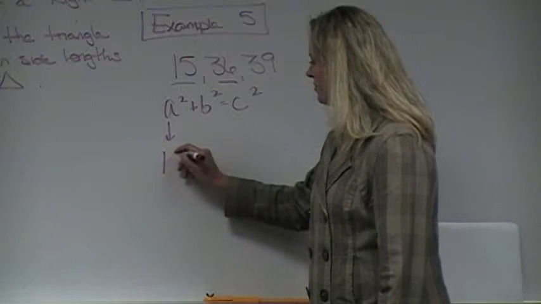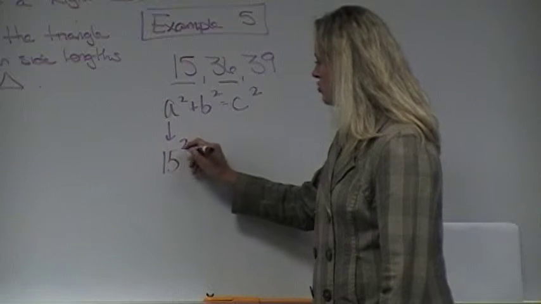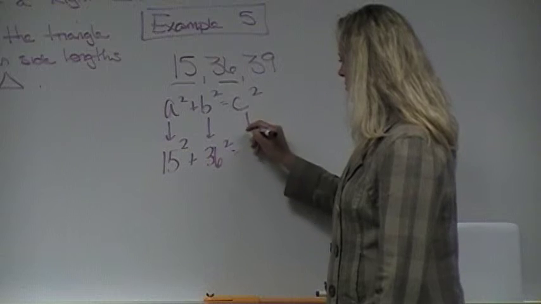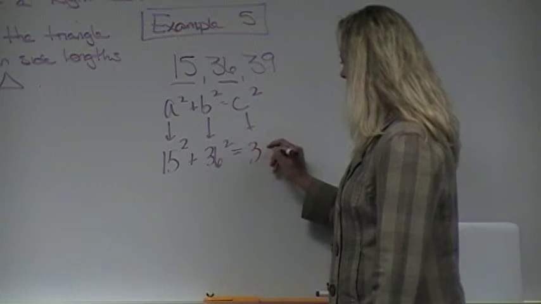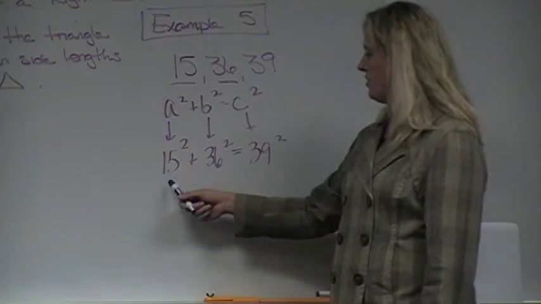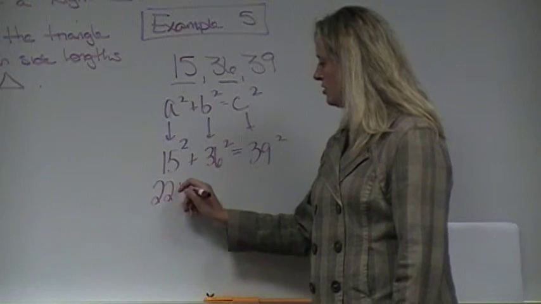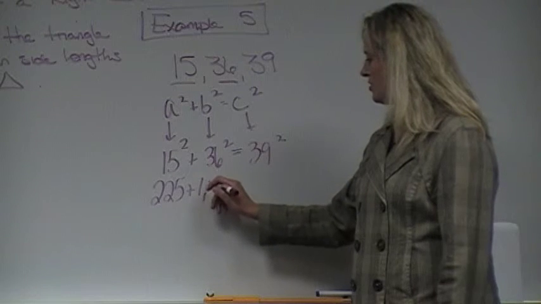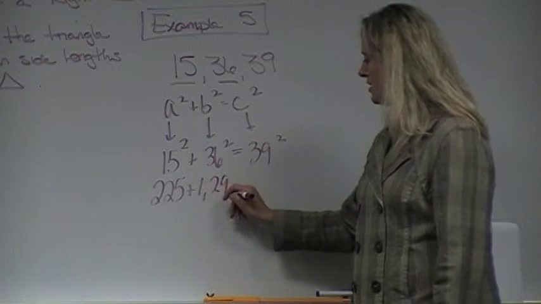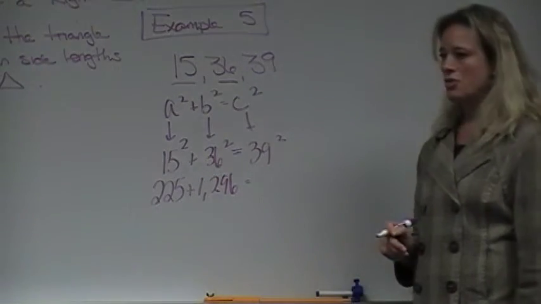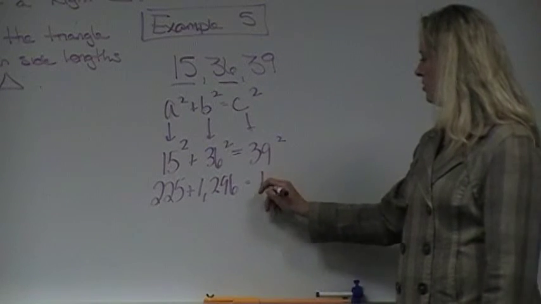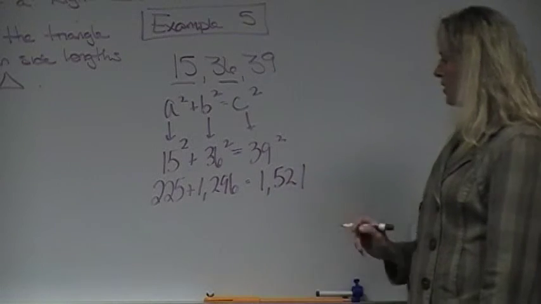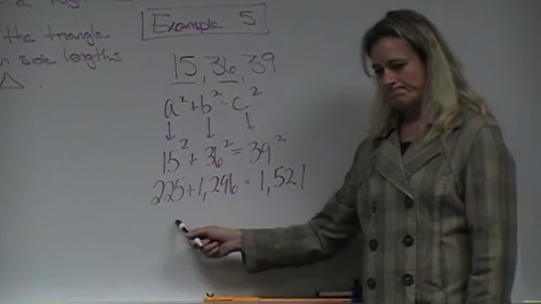A is 15 squared plus b, which is 36 squared, has to equal 39 squared. 15 squared is 225. 36 squared is 1,296. 39 squared is 1521. Add these two together.